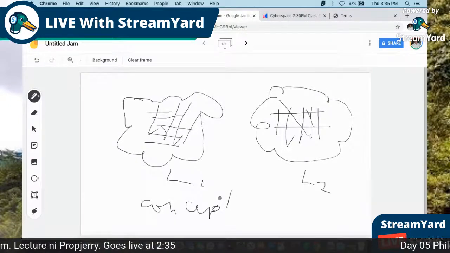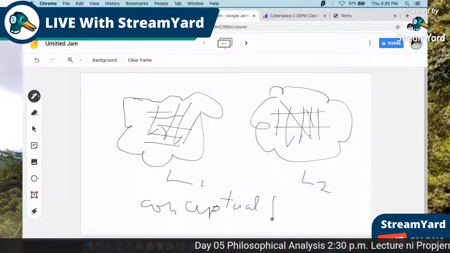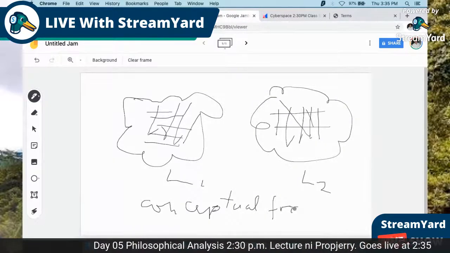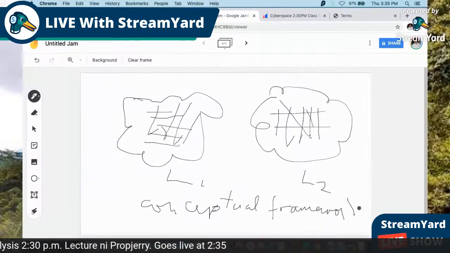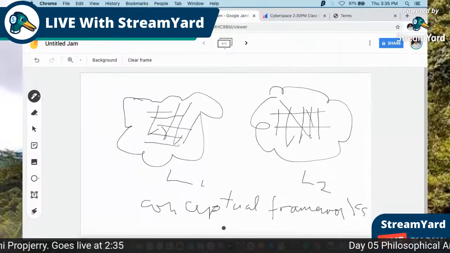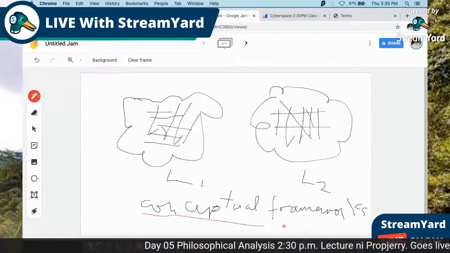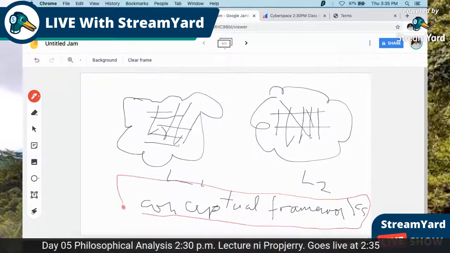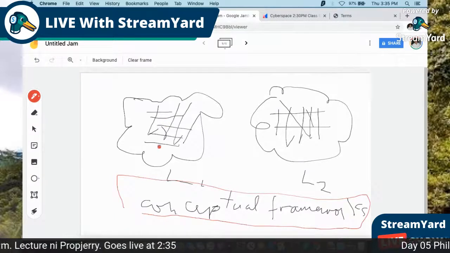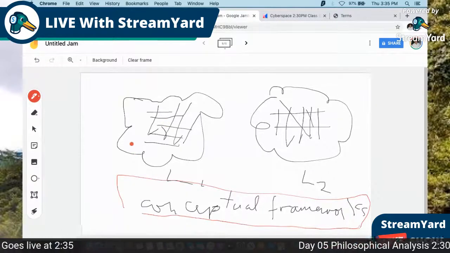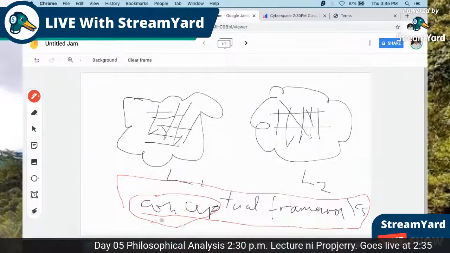As young adults, up to the time you become old, you will come across this expression, conceptual frameworks. Another way of looking at philosophy is by looking at philosophy as conceptual frameworks. That's the last statement we will give you. Another way of looking at philosophy is as a framework of words, a framework of ideas, a framework of concepts, a conceptual framework.